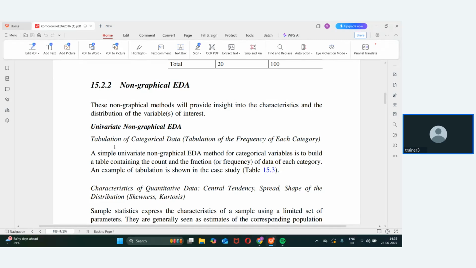So coming to techniques, what are they? Graphical EDA and non-graphical EDA. Even within graphical and non-graphical, we will have univariate, bivariate, and all of this.